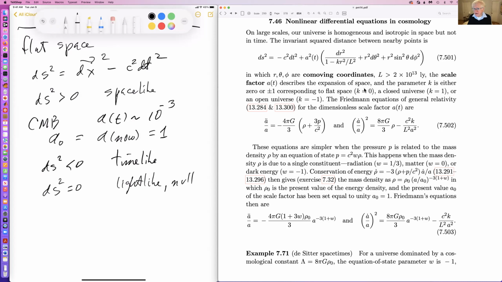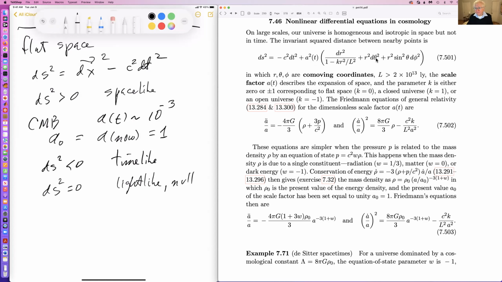The difference between coordinates and co-moving coordinates: the idea is that in co-moving coordinates, space is expanding this way.